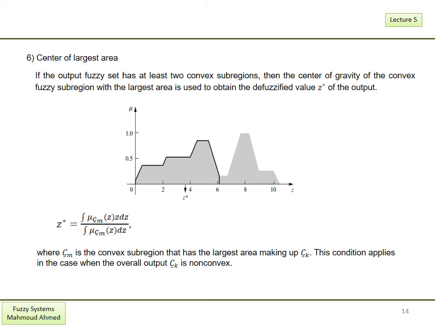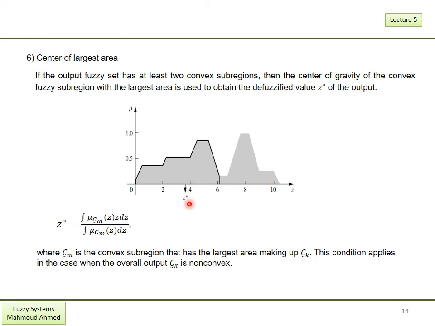The next method is the center of largest area. In this example, if the output fuzzy set has at least two convex subregions, here this region and this is the other region, then the center of gravity of the convex fuzzy subregion with the largest area is used to obtain the defuzzified value z star.